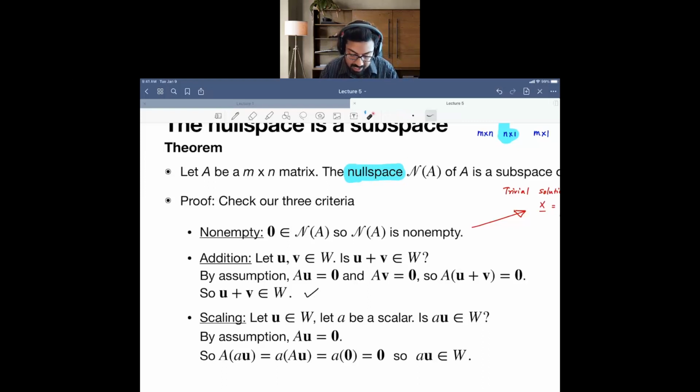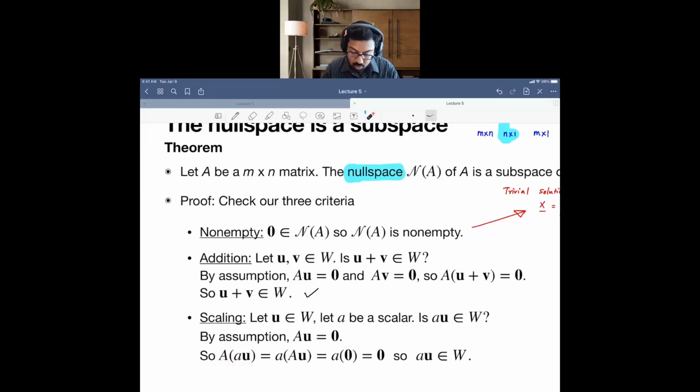Next, let us check for scaling. Let u belong to W, so it is a solution, which means that I can write this: Au equals 0. a is some scalar, and what we are going to check is, when you scale this u with a, is that going to belong to W or not? Well, let's do it. Au equals 0. So what about A times au?